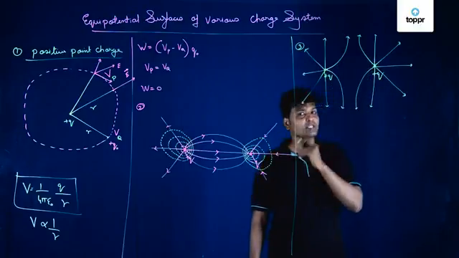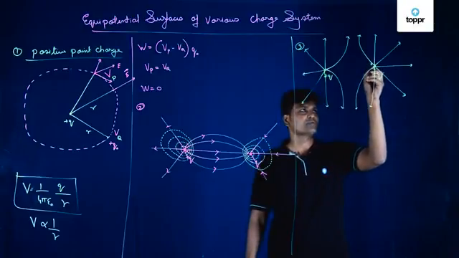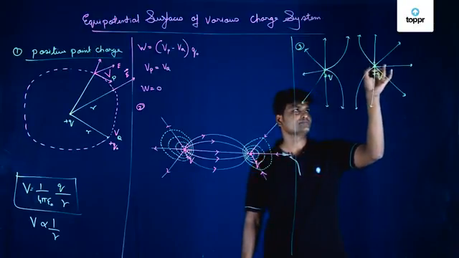So, what will happen? How will the equipotential surface be? The equipotential surface will be somewhat like this.